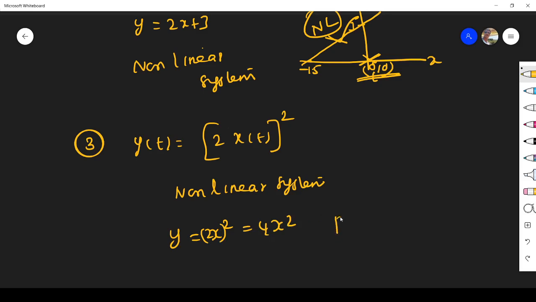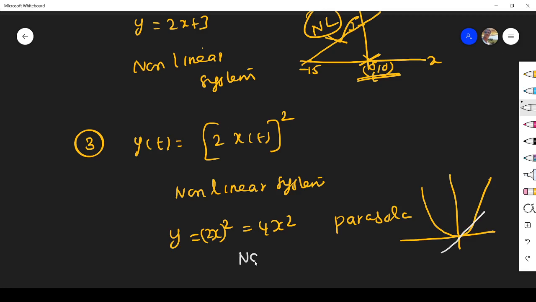It is nothing but our parabola form. Any square will give a parabola-like shape, so it will go like this. It is not like our linear system like this. So surely it is a non-linear system. Simple.